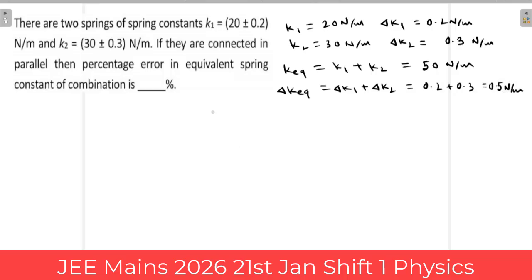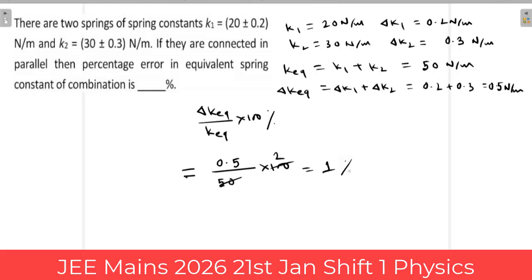So the fractional error, delta K equivalent by K equivalent, times 100 gives the percentage error. So 0.5 divided by 50 times 100 is 1%. So the percentage error in the equivalent spring constant of the combination is 1%.